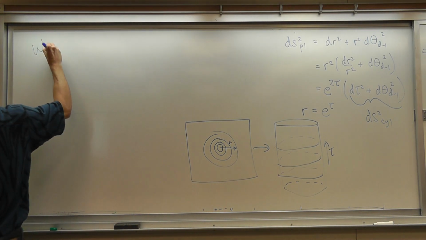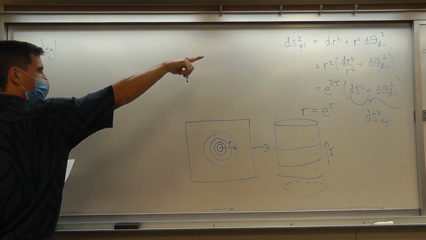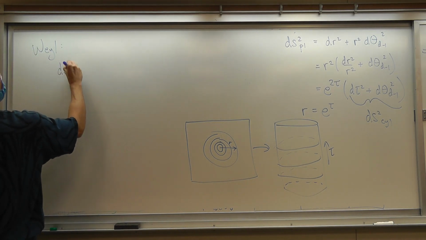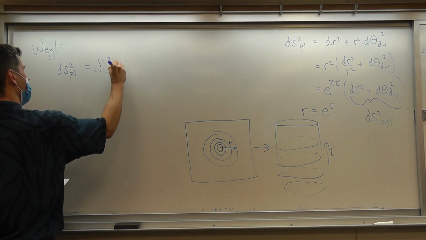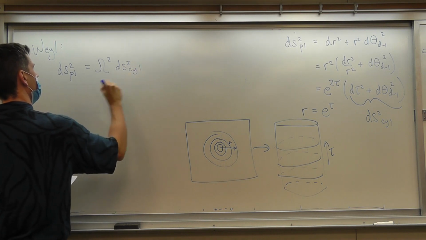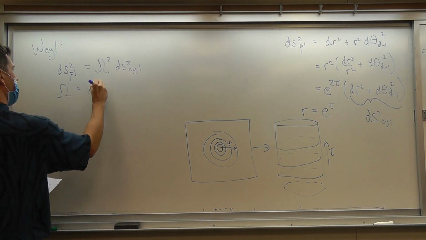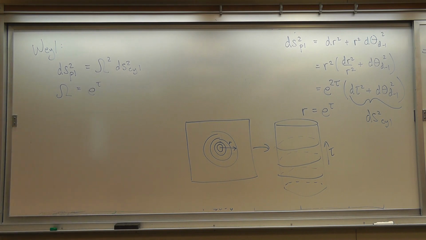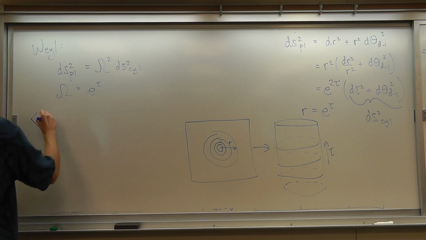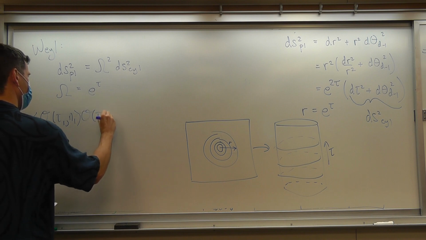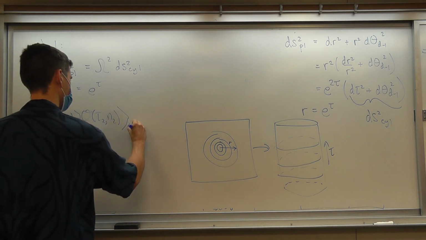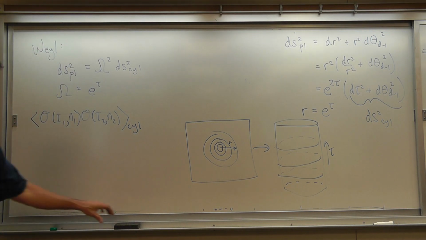Now we're going to do our Weyl transformation. The transformation that we're using is written right there, but let me write it in our usual Weyl notation. It says ds squared on the plane is equal to omega squared ds squared on the cylinder, with omega equal to e to the tau. So our Weyl transformation rule gives us this thing on the cylinder. Let's write down the correlator on the cylinder. That's the thing we're trying to calculate.